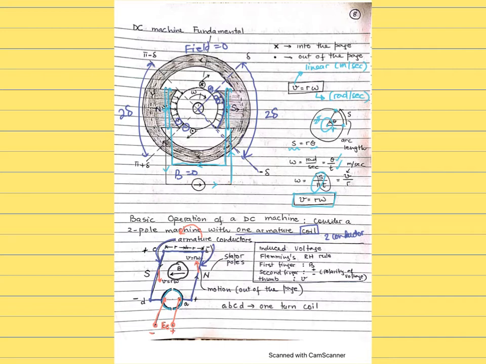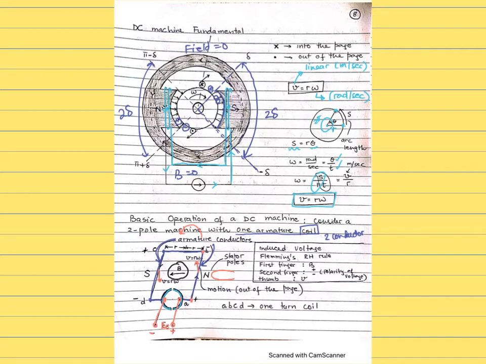So for the voltage induced in this side, once it goes through the right-hand side air gap, using Fleming's right-hand rule again: the first finger is the direction of the field. So that's your first finger, direction of the field. The thumb is the velocity, which is out of the page, so it's the right hand, thumb is the velocity, which is out of the page, and you're going to see your second finger pointing like this.